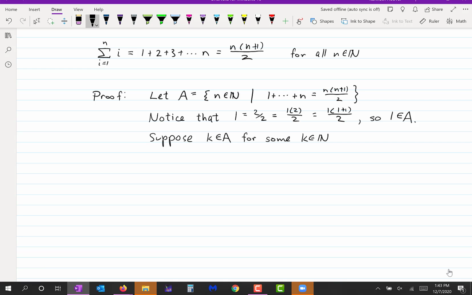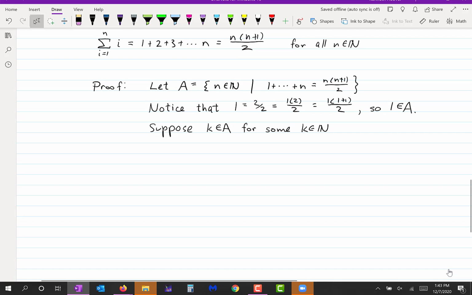And then I want to show that K plus 1 is in A. I'm going to write this in gray now because this is scratch work. I want to show that K plus 1 is in A.